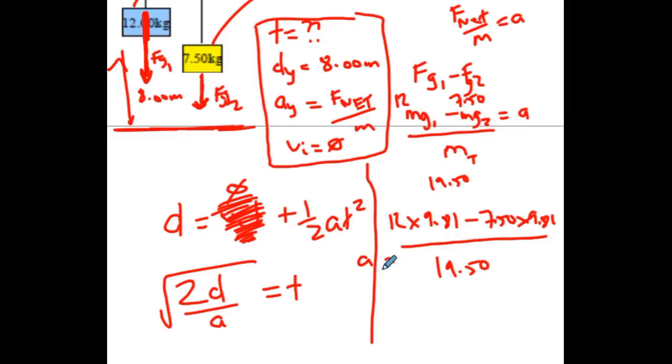While I'm doing the math for this, if you're lost as to why I'm putting 3 different masses in those locations, pause the video and call me over and have me try to explain better as to why we did that. But I've now calculated my acceleration. It is 2.26 repeating. And I'm going to store that as letter A in my calculator, because I know I need to use that value again.